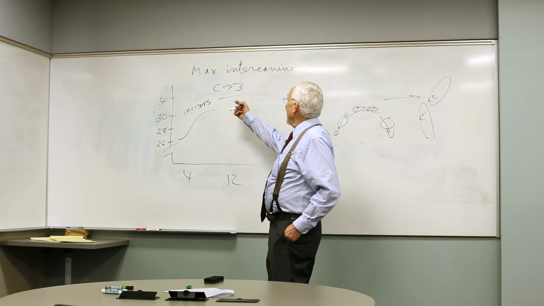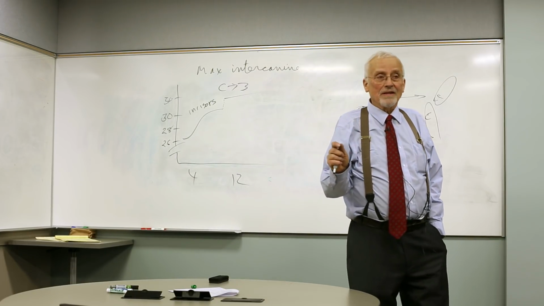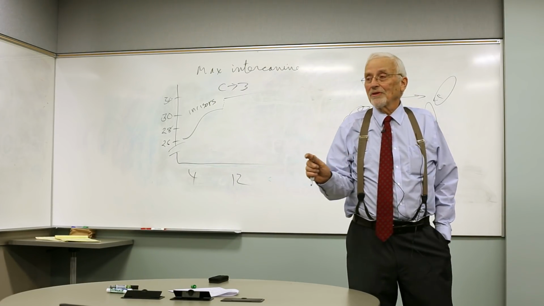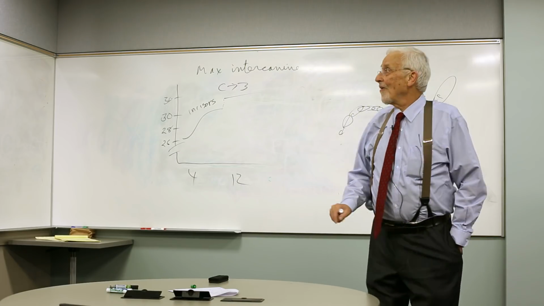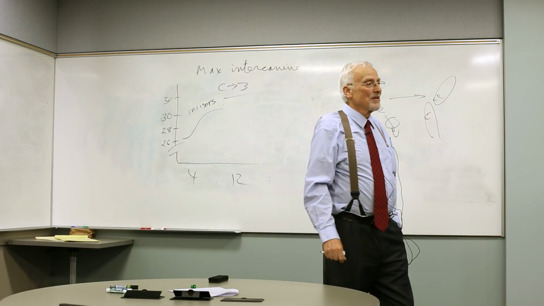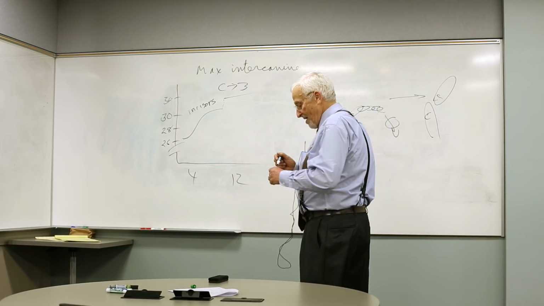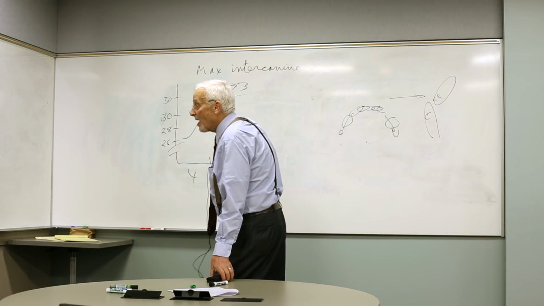But here is the change from C to 3, and are permanent canines bigger or smaller than deciduous canines? Bigger. So all this is just the fact that the permanent canines are bigger. And once again, we have our friends, the incisors, erupting. Okay.